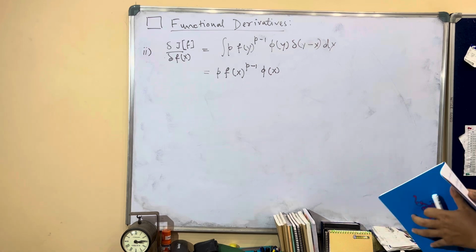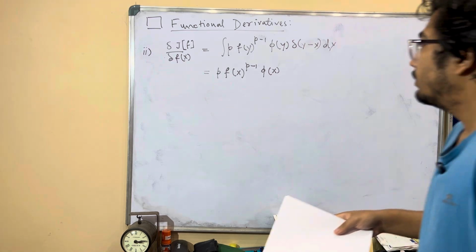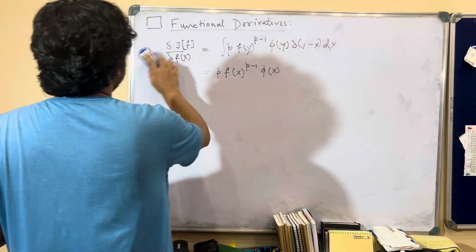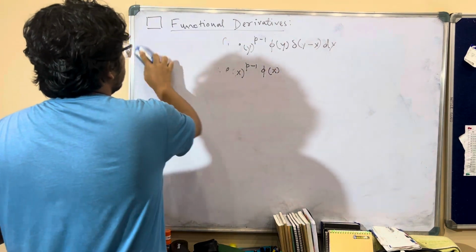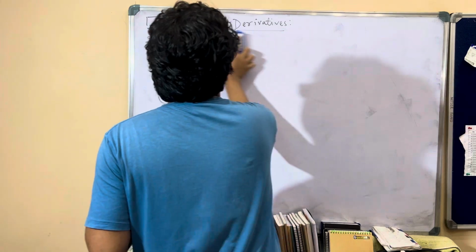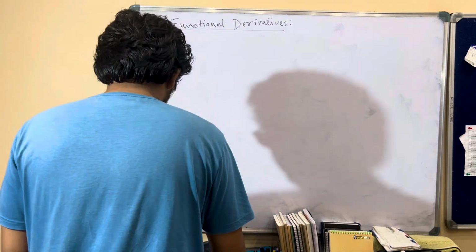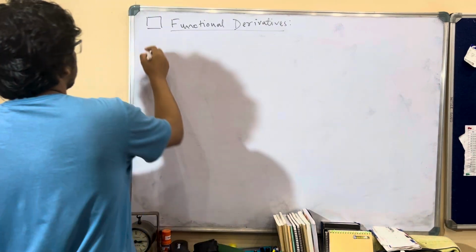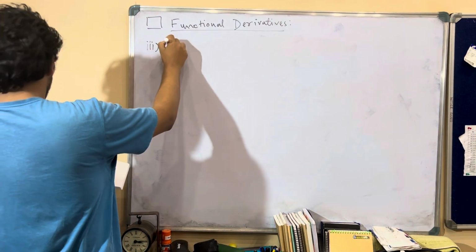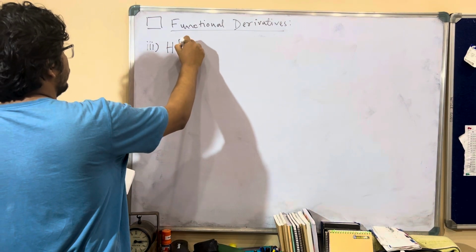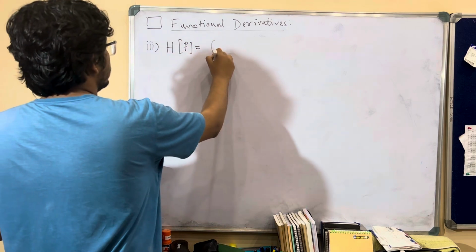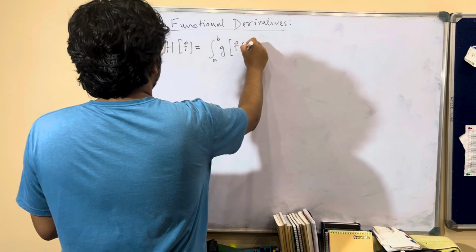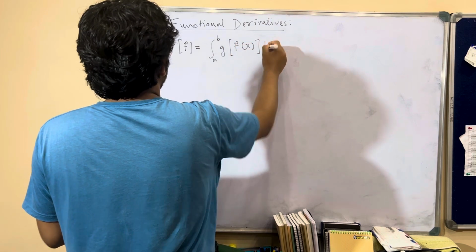Two more examples. So now we are going to do a third one. I'm just erasing this part. Another functional h of f, which is this thing.